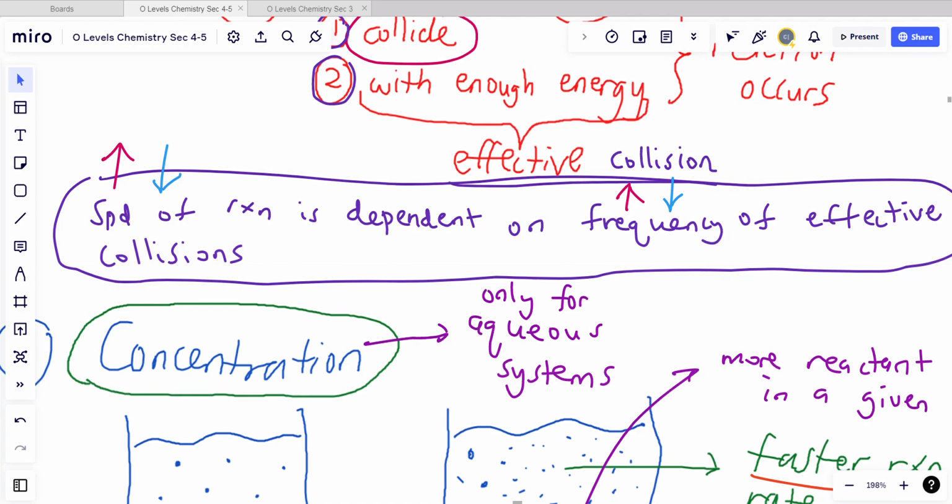Y over x. Y is dm cube. X is minute, so dm cube per minute. Let me see, anything else I need to tell you? Okay. As I said, rate of reaction is a simple chapter. Try to score for that.